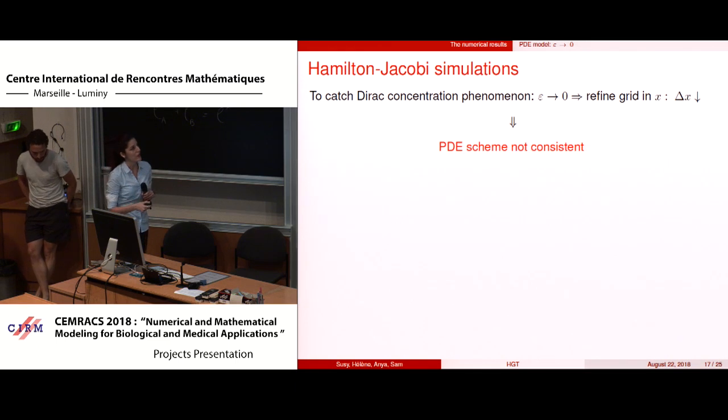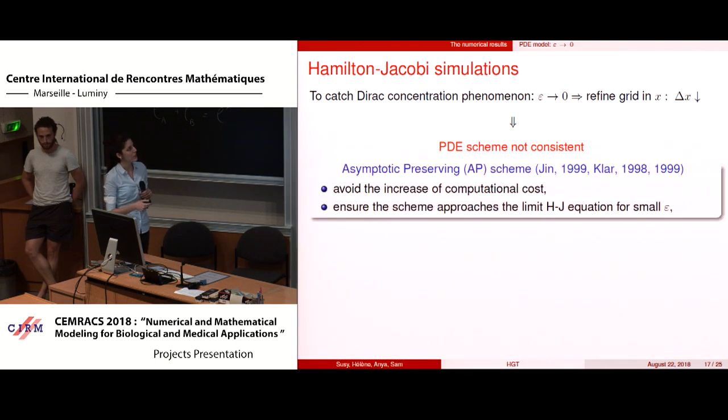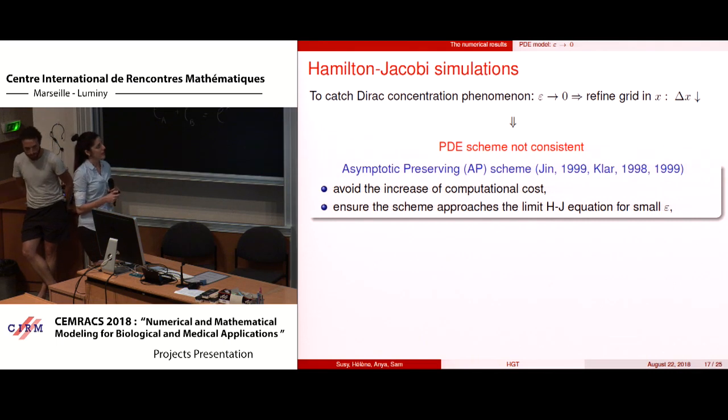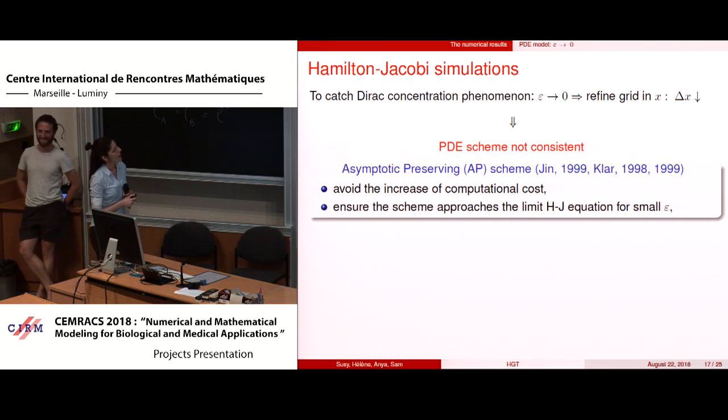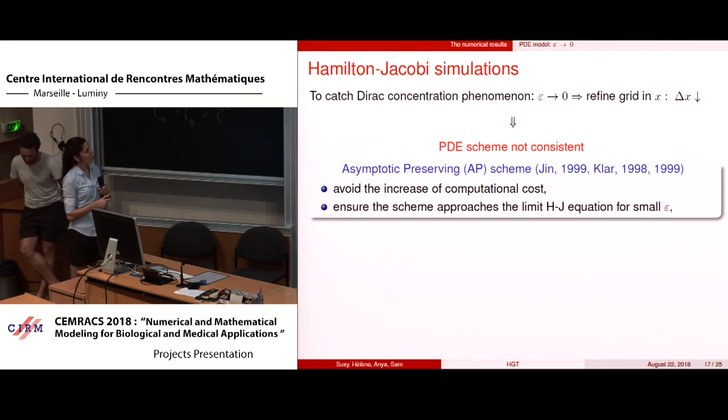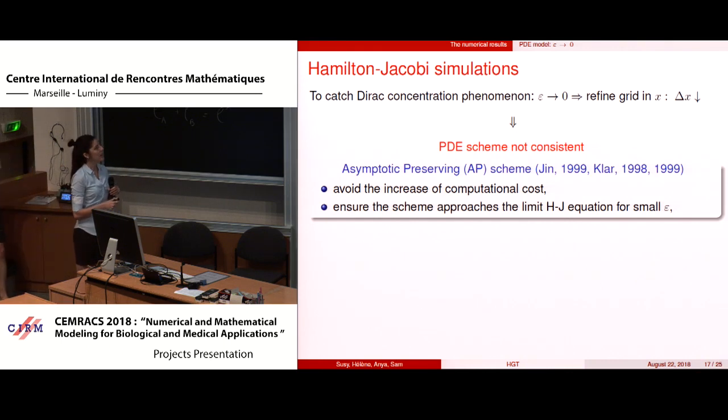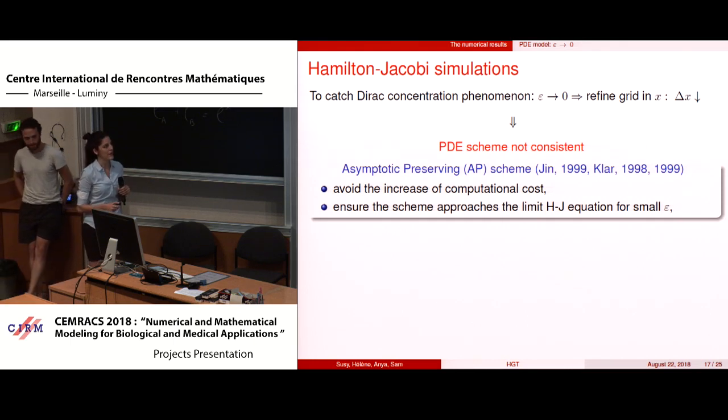With this kind of framework, the PDE scheme that we had before is not consistent anymore, and we need to implement some asymptotic preserving scheme, which was proposed at the end of the last century, which permits to avoid the increase of computational cost and also ensures that the scheme approaches well when small mutations happen and the Hamilton-Jacobi equation can be derived.